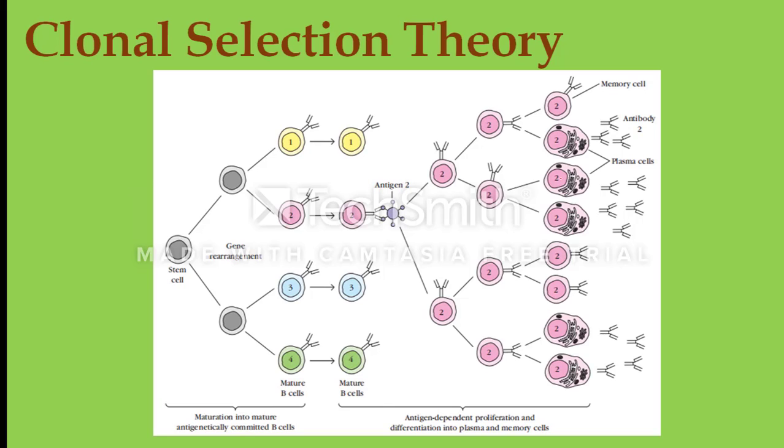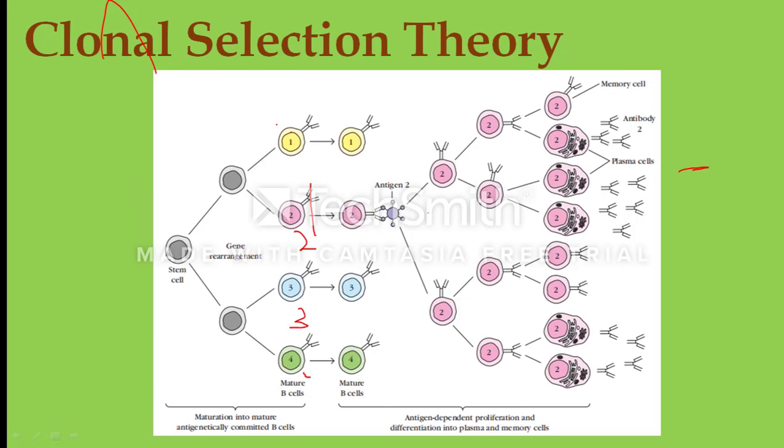This is an example where they have taken the B lymphocyte. Here, by gene rearrangement, the B cells take up different receptors, or different specificity, and each cell will have the specificity towards a particular pathogen.